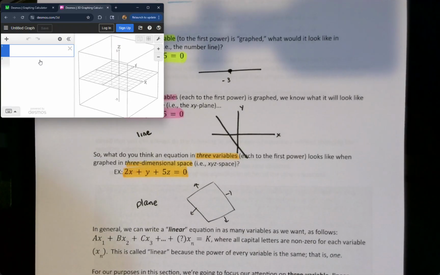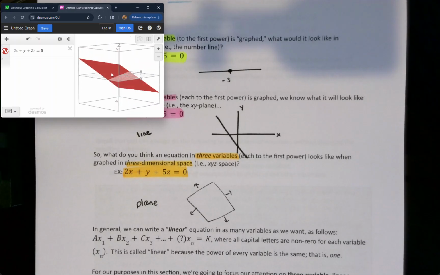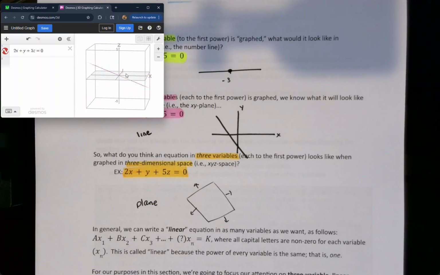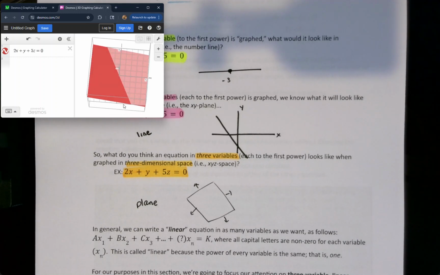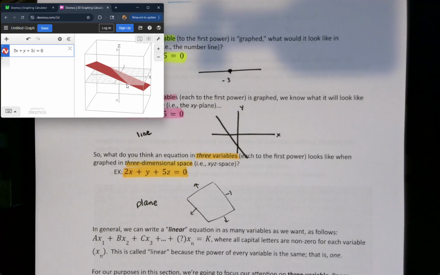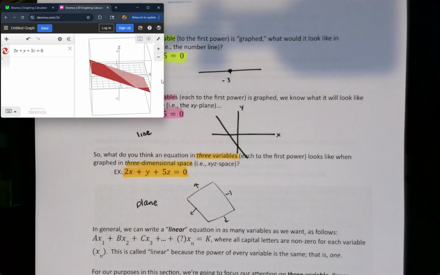In the 3D grapher here, if I type in this equation, 2x plus y plus 5z equals 0, I can see a picture of what this plane looks like and a representation of where it is in space. According to my x and y axes, with z being the vertical axis, x and y being the horizontal axes, this would be like a piece of paper held up at this diagonal in such a way that it slopes both upward as well as north and south, east and west, if you consider those for your x and y axes. So an infinitely large sheet of paper is one way of considering what a plane looks like.